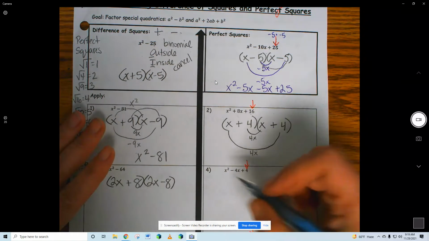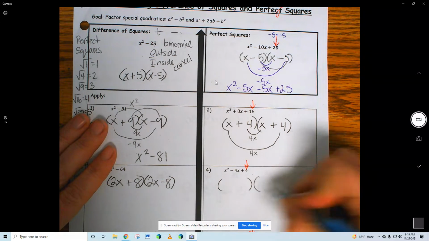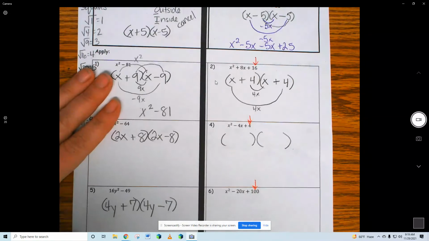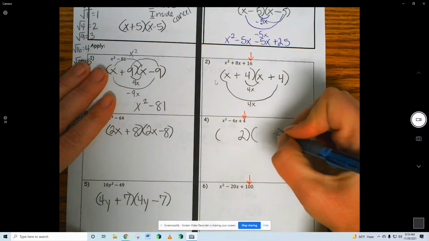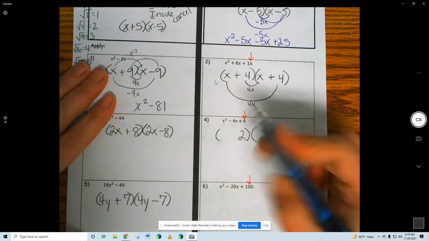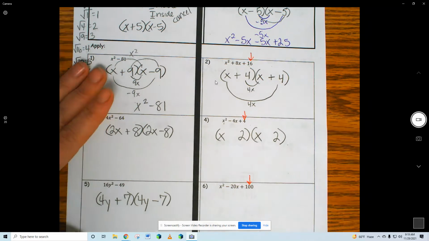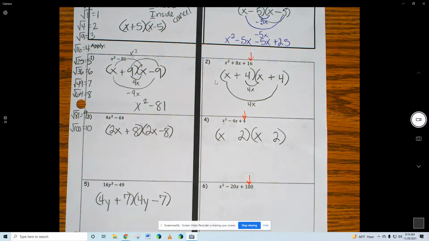Number 4, what makes a 4? Red arrow. What makes 4? 2 times 2. So put those there. X squared comes from xx. Okay?